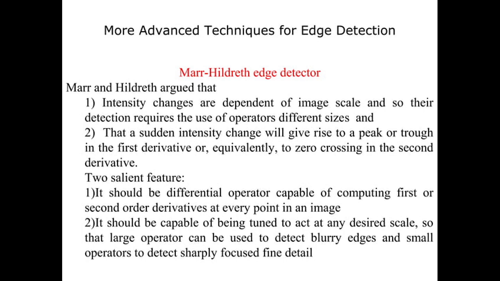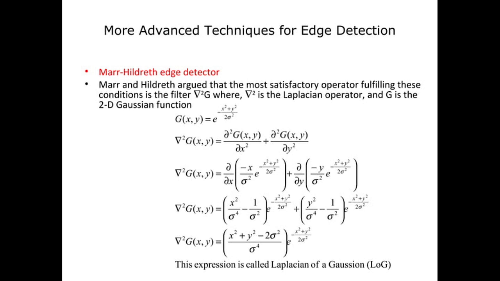So all these features are incorporated, so we can call this an advanced technique. And here also we are finding the first order derivative of g of x and then 2 times derivative, then we call this a Laplacian derivative. So finally we can call this a Laplacian of Gaussian.